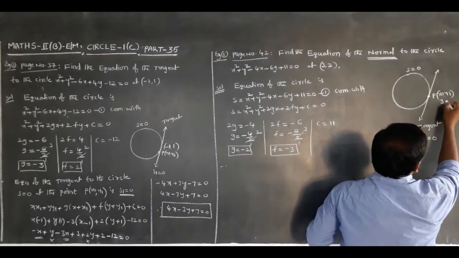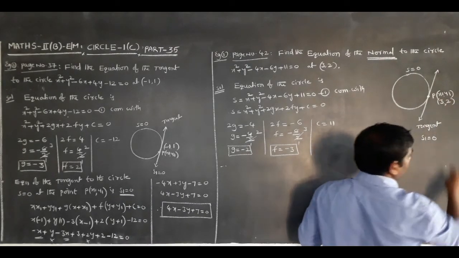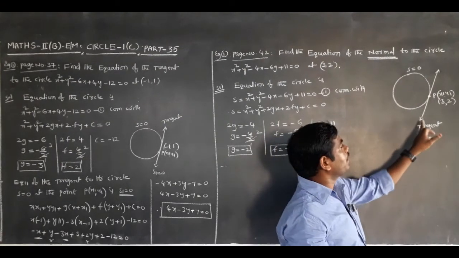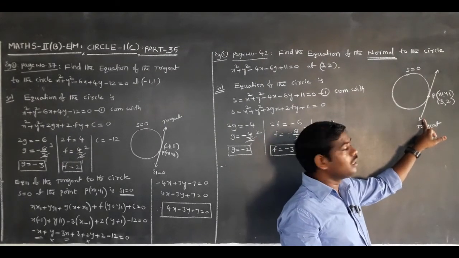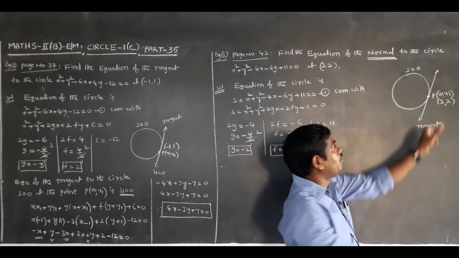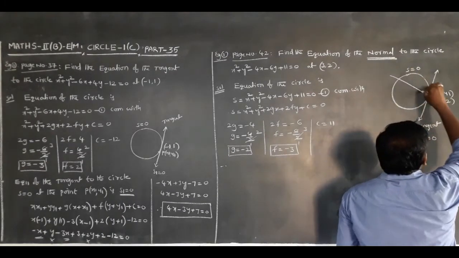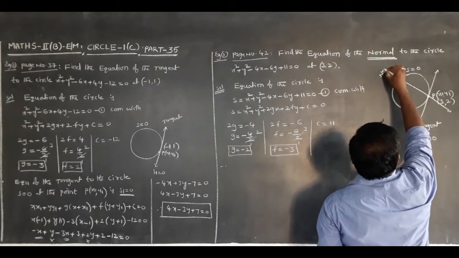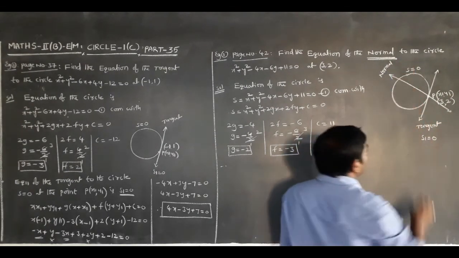Here, for the equation of the normal, the normal is always perpendicular to the tangent and passing through the point P.